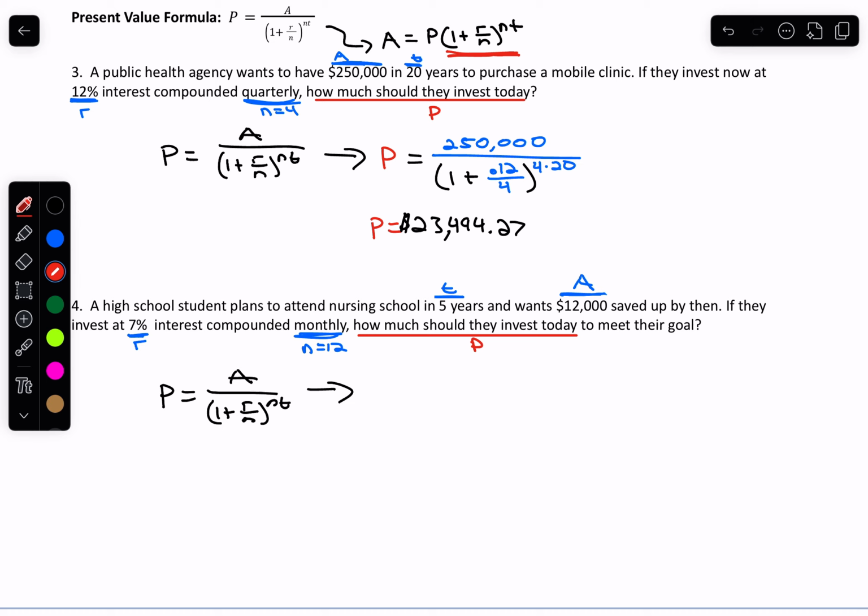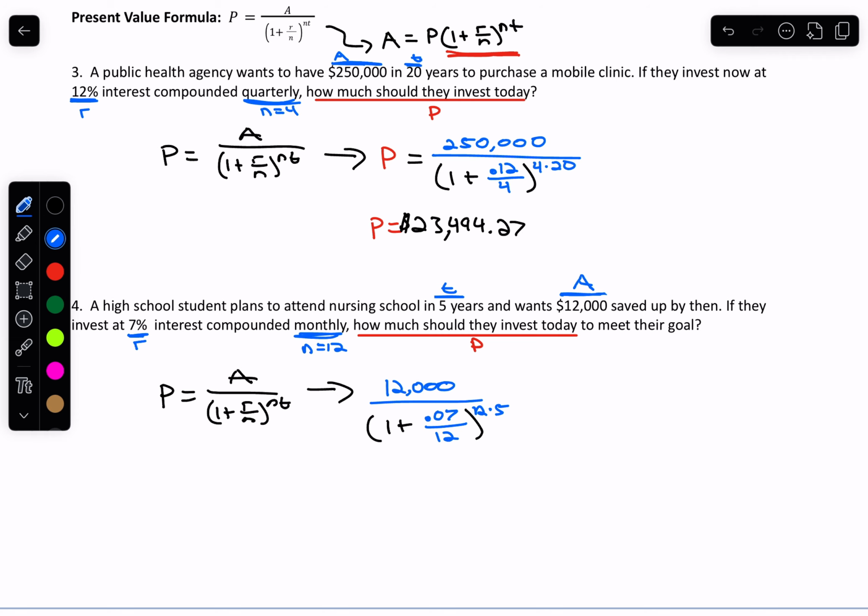All right, we can plug in our values. We're going to put our A value of 12,000 on top, divided by 1 plus our R value of 7%, so that's 0.07, divided by 12, which is our N value. Then we'll raise this to the power 12 multiplied by 5 because we have a 5-year period.